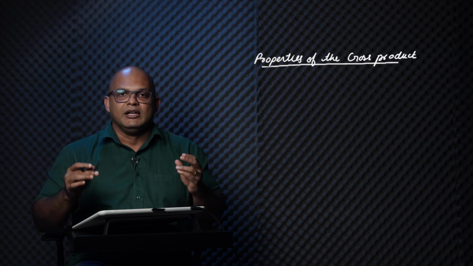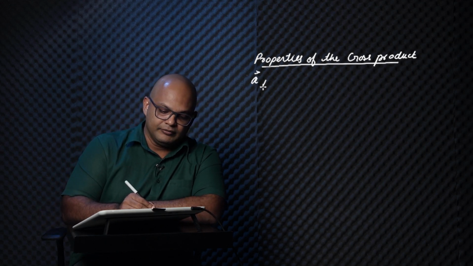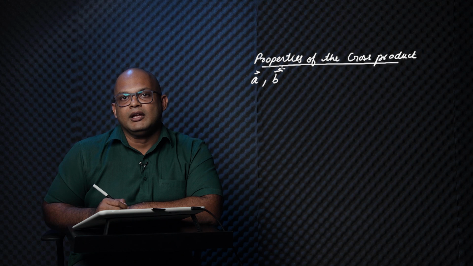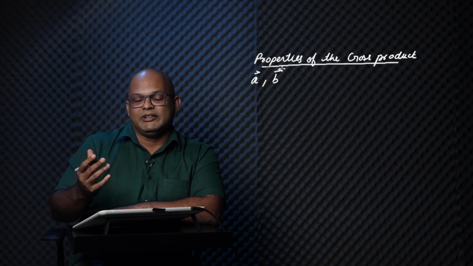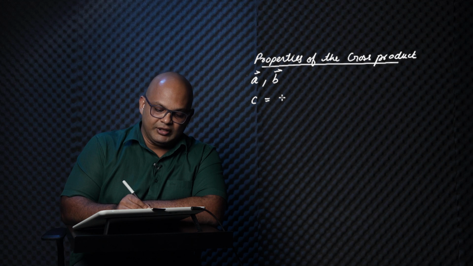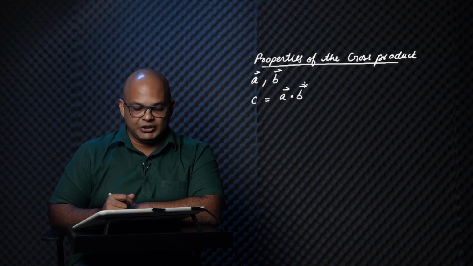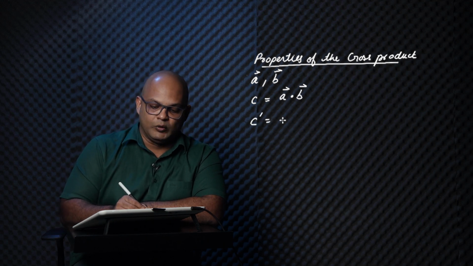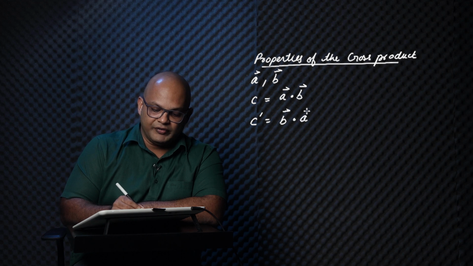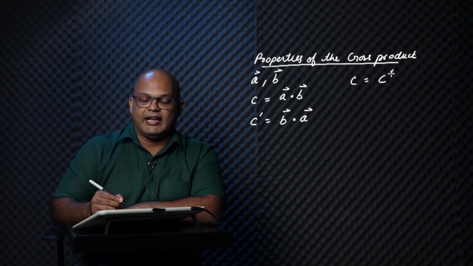What does that mean? Let's say that we have two vectors, again our old friends, vector A and vector B. If I were to take the dot product of these two vectors, I get a scalar value. Let's say it is C. So C is equal to vector A dot vector B. If I were to reverse the order of multiplication, that is, I had a new product C dash equal to vector B dot vector A, I would find that C is equal to C dash exactly.